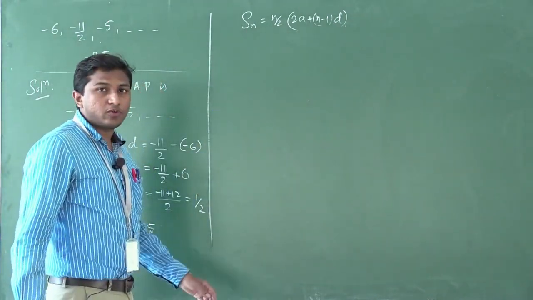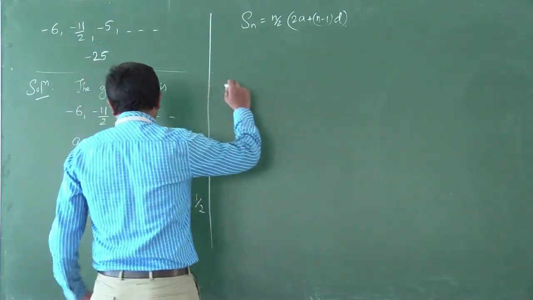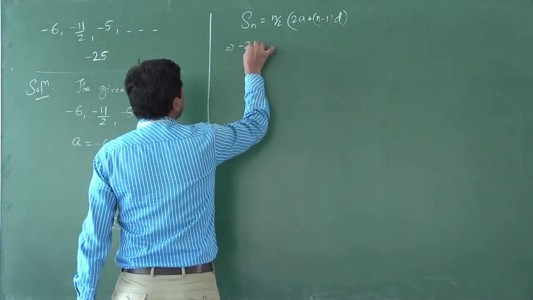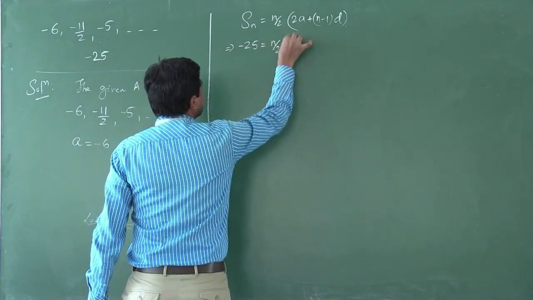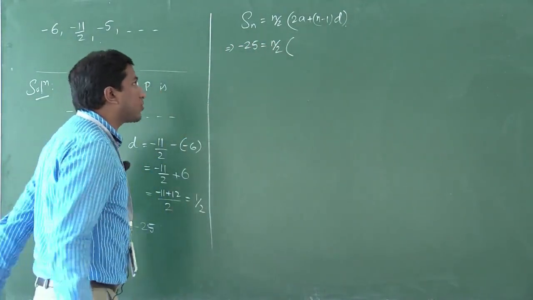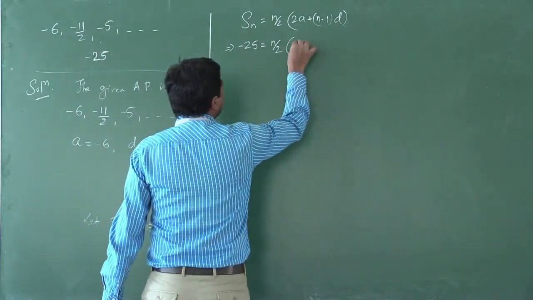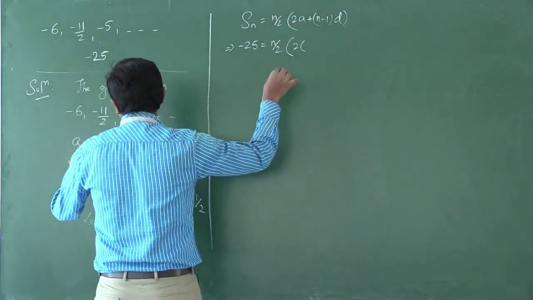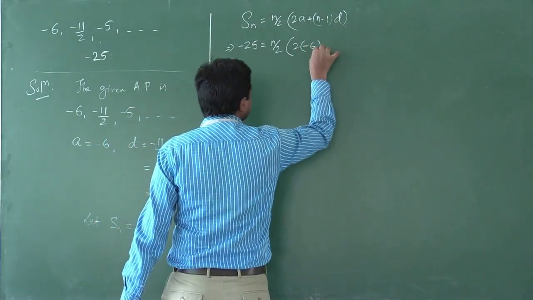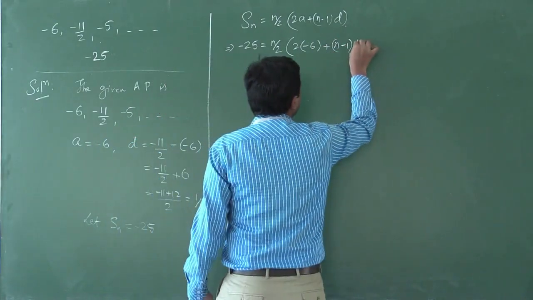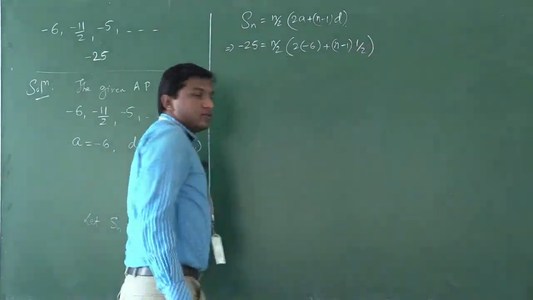Sn is given to be minus 25 equals n by 2 into 2 into a. A value is minus 6, plus n minus 1, and d value is 1 by 2.